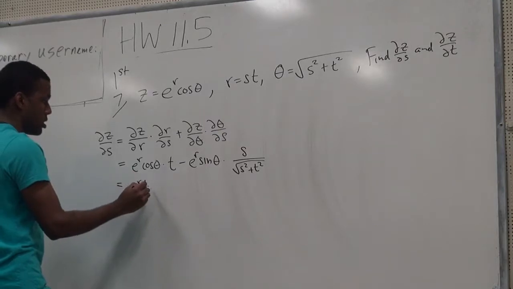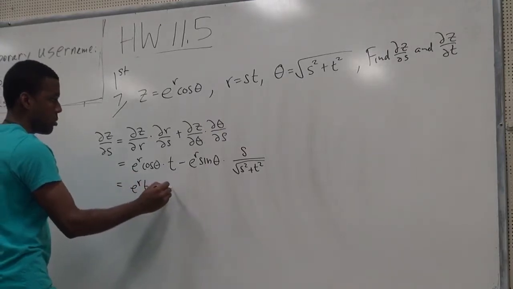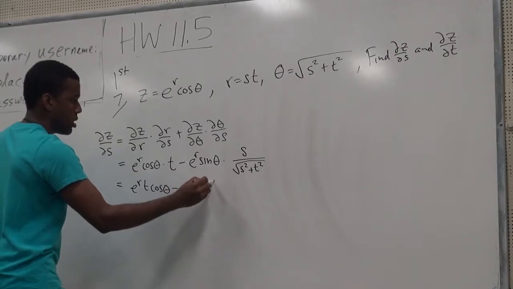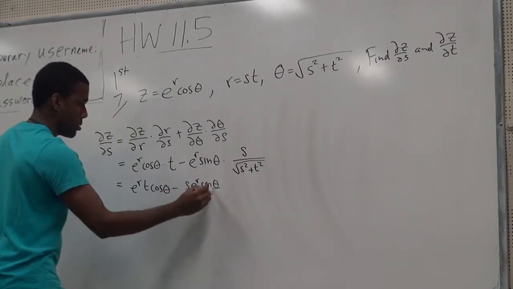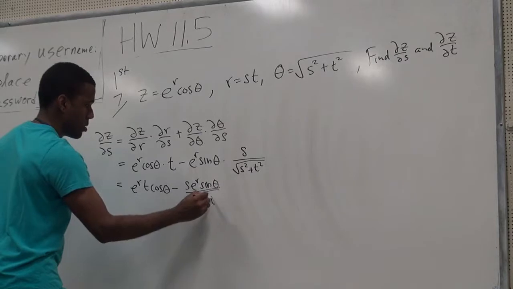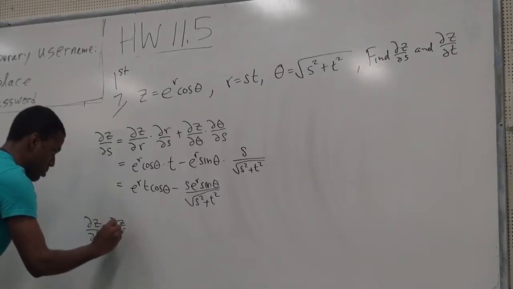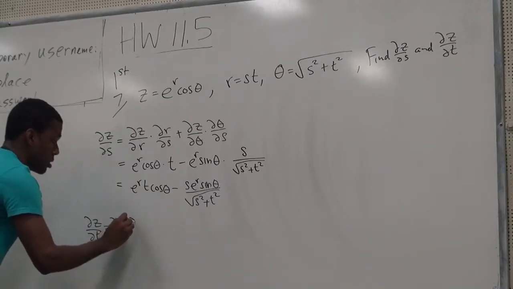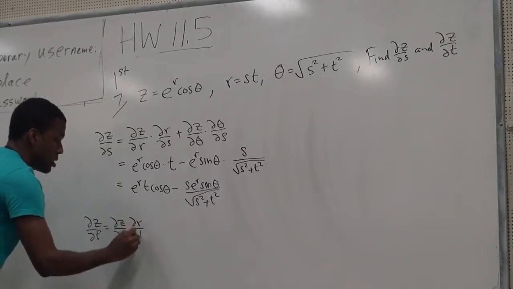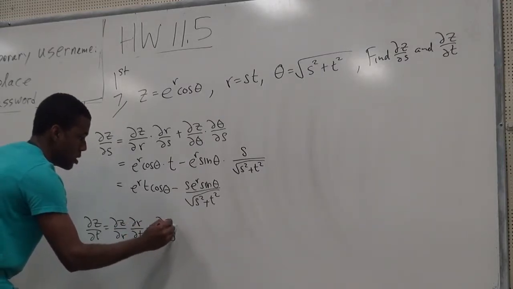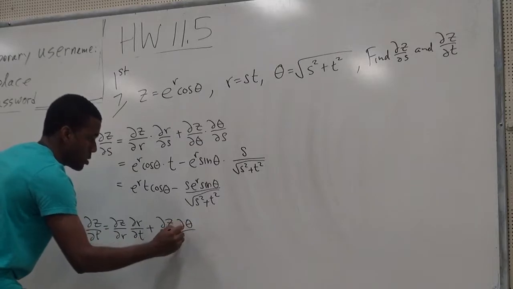So that's e to the r t cosine theta minus s e to the r sine theta. Similarly, partial z with respect to t is partial z with respect to r times partial r with respect to t, plus partial z with respect to theta times partial theta with respect to t.